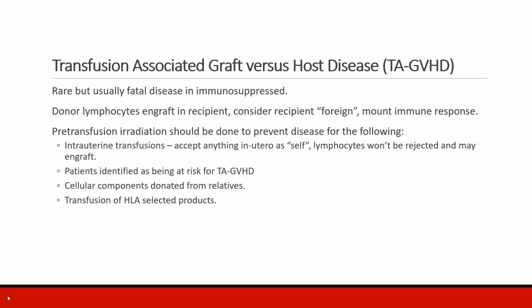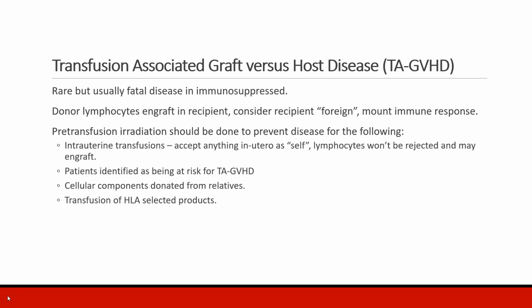Cellular components donated from relatives, really sad case. They knew, mother, father, brother, sister, but the uncle went ahead and donated blood for, I don't know if it was a niece or a nephew, and unfortunately that child did develop graft versus host disease and died.